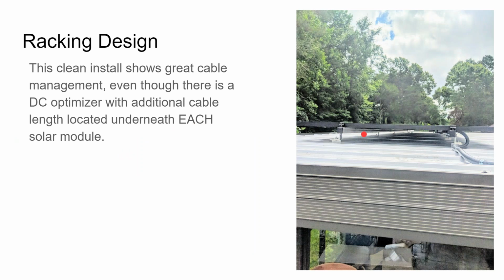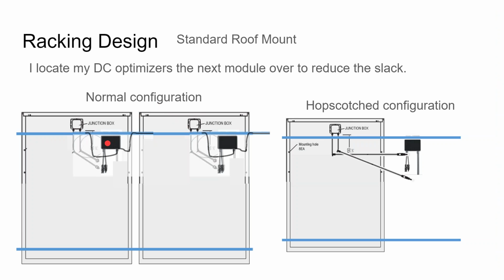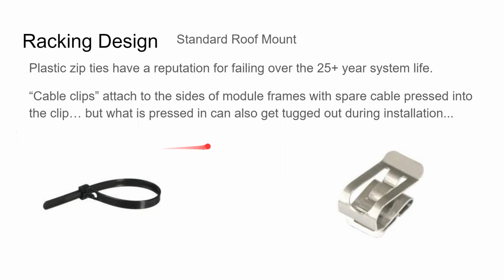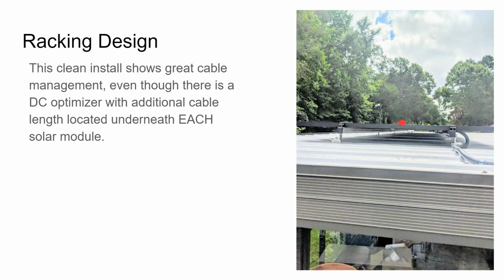And so the sign of a good installer is being able to look underneath the solar array and see all the way through it. Even though we have little electrical boxes and droopy cable whips at every single panel, the end result is you can look underneath the array and hardly see them.